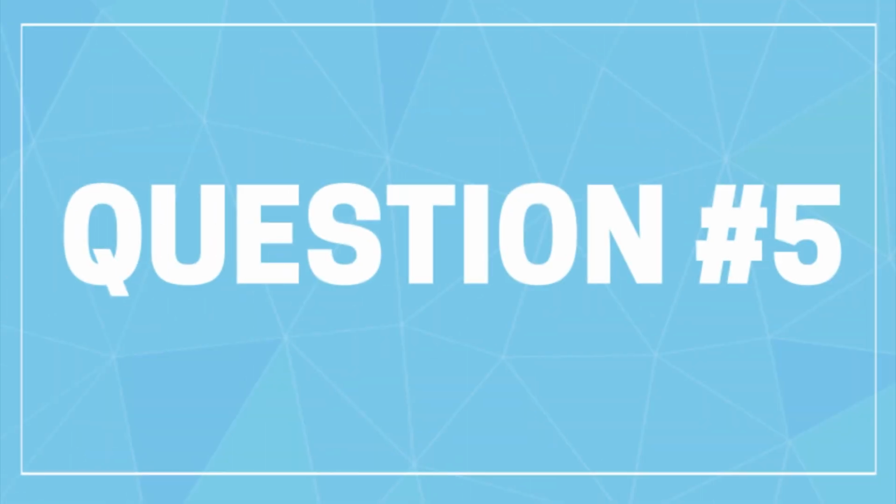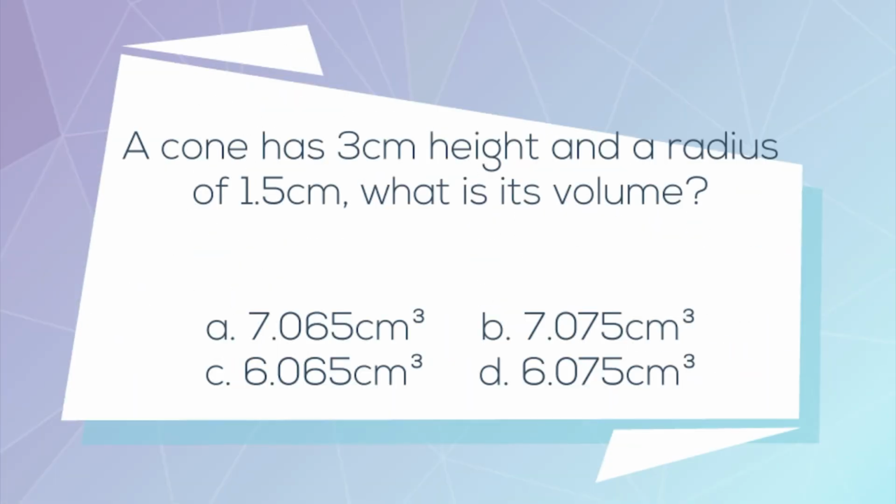Question number 5. A cone has 3 centimeter height and a radius of 1.5 centimeter. What is its volume? A. 7.065 cubic centimeter, B. 7.075 cubic centimeter, C. 6.065 cubic centimeter, or D. 6.075 cubic centimeter?